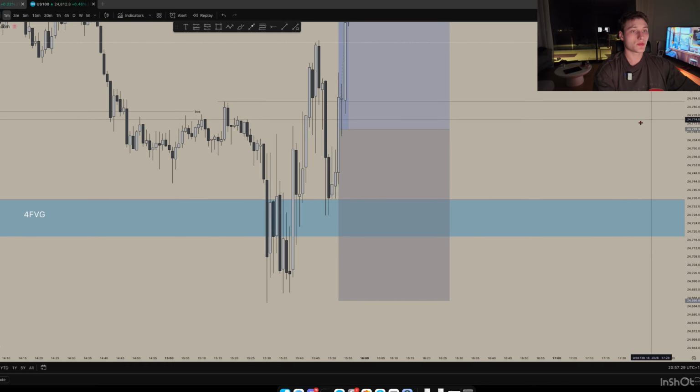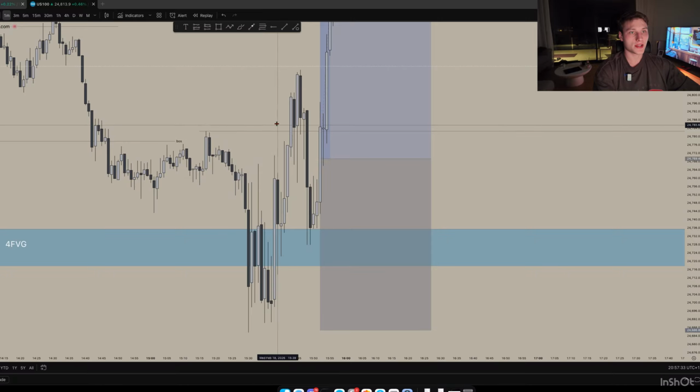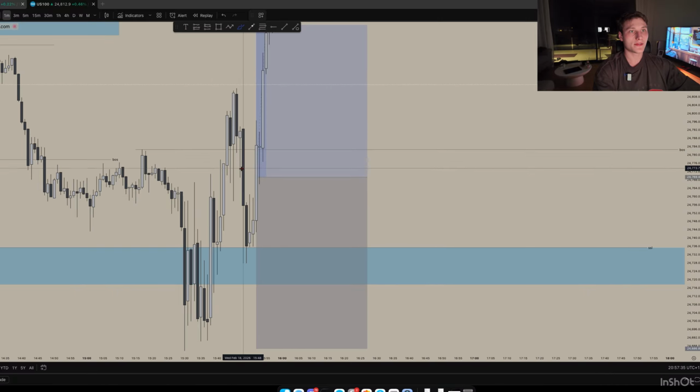So I was waiting for the price to hit this fair value gap, and it gave me the BOS, the break of structure. After that, we came back and tested this fair value gap. We could see how the price didn't close in this area, it closed higher. So now all we want to see is an inversion or some strong bullish movement, so we can prove that we are going long.